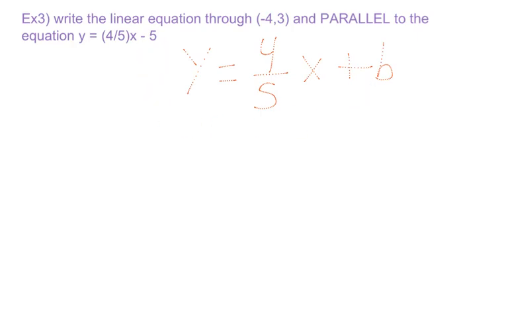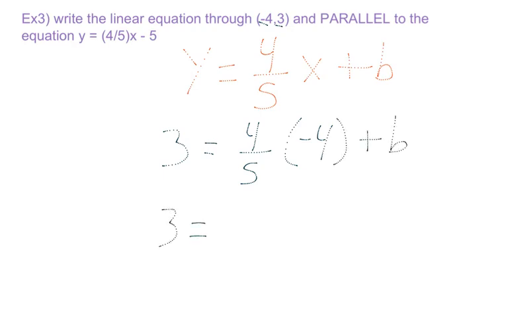So anyways, let's plug in my x and y. So 3 equals 4/5 times negative 4 plus b. That means that 3 equals negative 16/5 plus b. I'm going to make 3 instead be 15/5, just converting my fractions here.